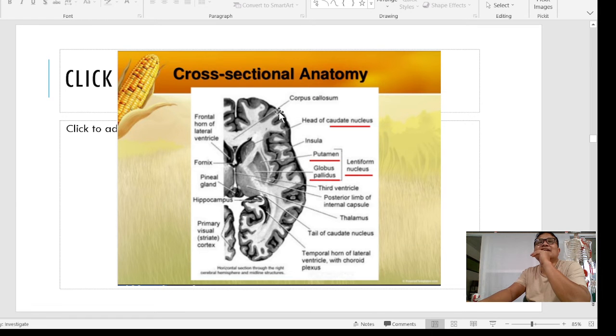This is the sulci and the gyri. So we can see whatever areas are affected. Let's take for example if this one is a tumor, the affected areas are the putamen, the globus pallidus, lentiform. So movement is affected as well as the sensory.